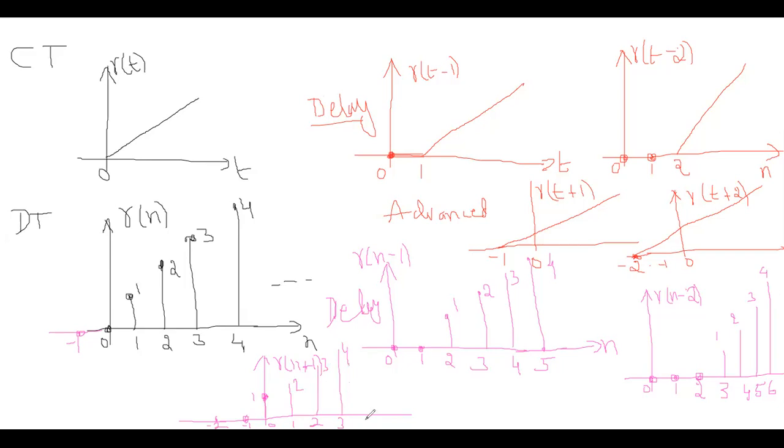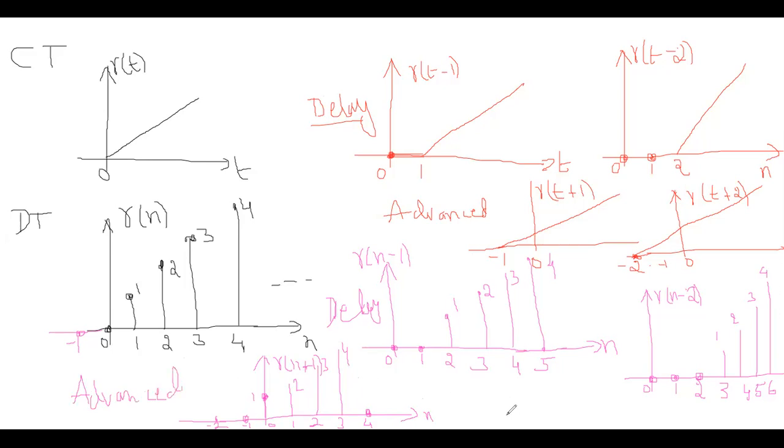Now at 4 the value is a 0, because there is no value at 5. The value 4 of r of n plus 1 we'll get at n is equal to 3 only. N is equal to 3, means shifting towards the left side is advanced function.